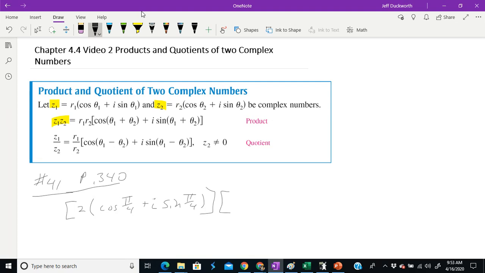This one over here is Z1, and I'll draw Z2 here. And let's do it up here instead.